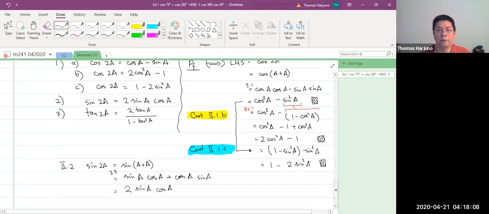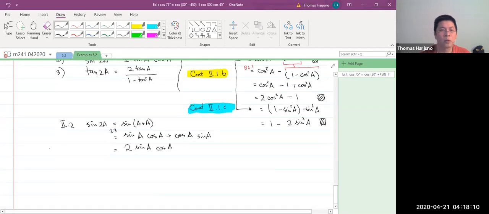And then formula 2, 3. How about tangent 2a? That's the same as tangent of a plus a. Using formula 1, 5, we get tangent a plus tangent a over 1 minus tangent a times tangent a.